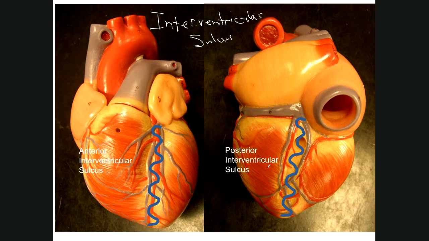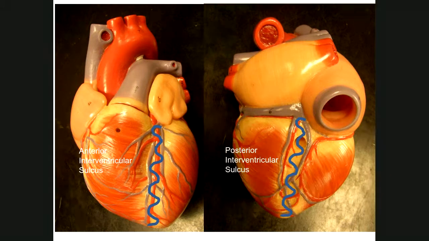But there's one on the front. Remember the word for front is anterior. There it is right there. There's one on the back. Remember the word for back is posterior, and there it is right there. And look, blood vessels are also located in these as well. So we're going to have arteries, and we're going to have these veins as well.